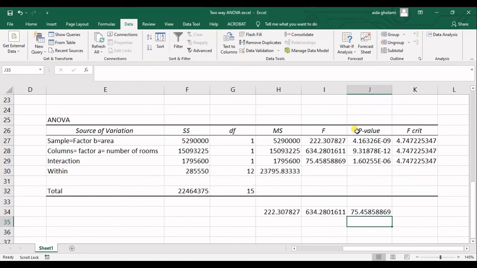So what does it tell us? So p-value, we know a main rule, which is if p-value is bigger than alpha, it means that the result is insignificant.